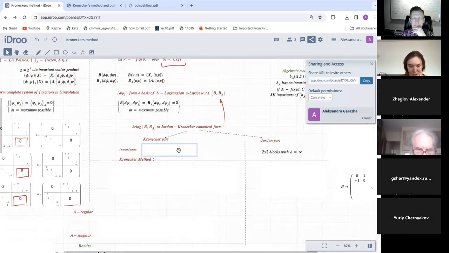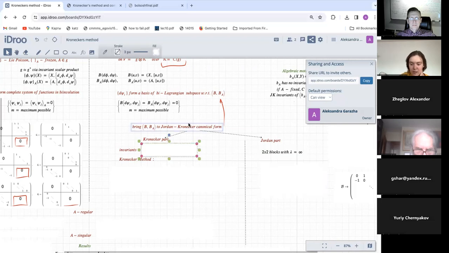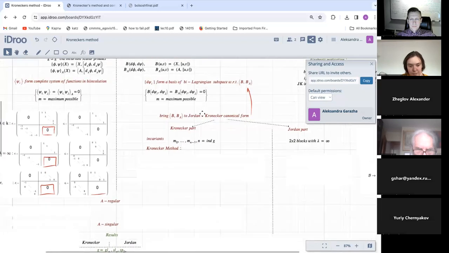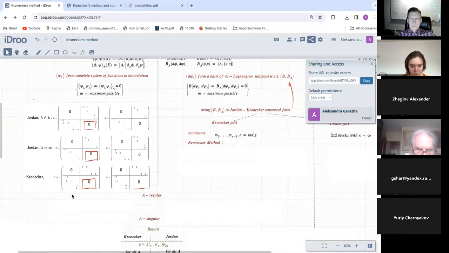Okay, so now about this canonical form, there are some invariants, and we already know that for the Jordan part we have no invariants because we already know everything about these blocks. For the Kronecker part there are some invariants, called Kronecker indices, and they are just half of the dimensions of these blocks.